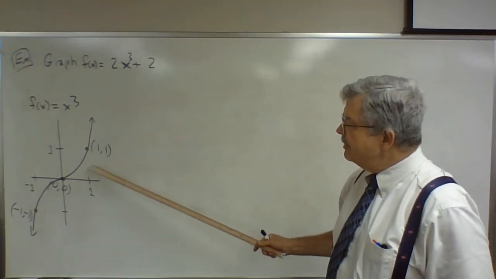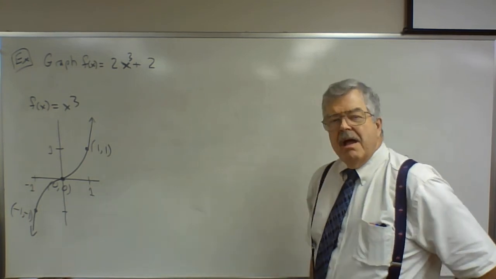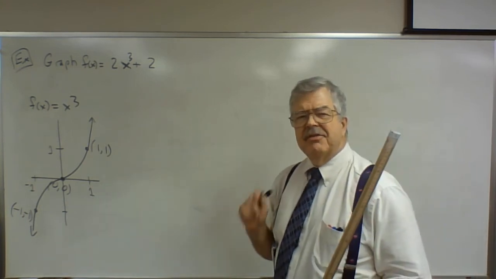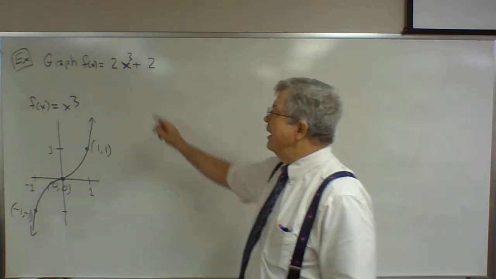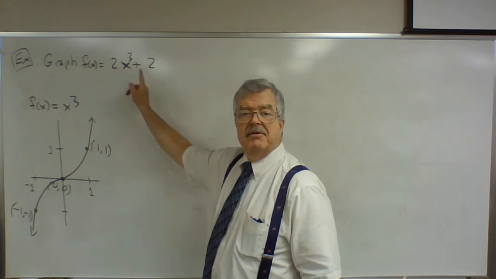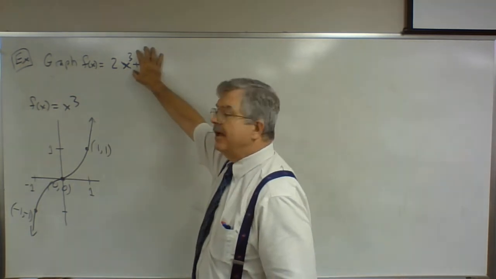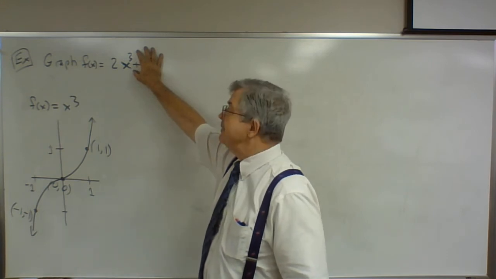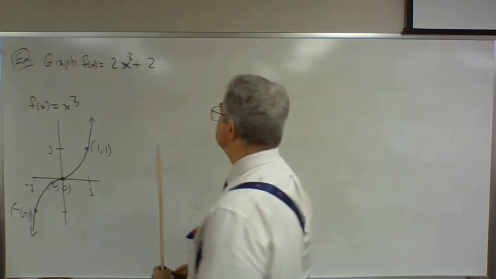Here's the graph that we use for reference. Now, what's the next thing that we're going to do to it? Remember, we multiply and divide before we add and subtract. So let's look at the graph of f of x equals 2x cubed.